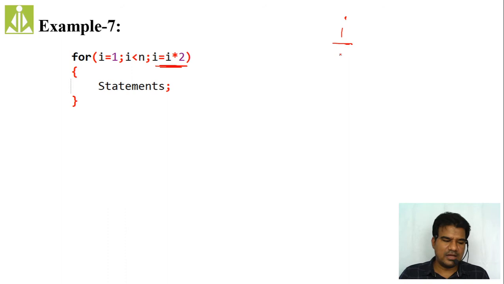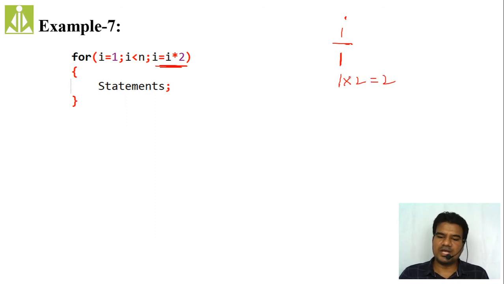If my I value is 1 in my first iteration, then in the next iteration, according to this increment condition, I have to multiply 1 with 2, so I will get 2.